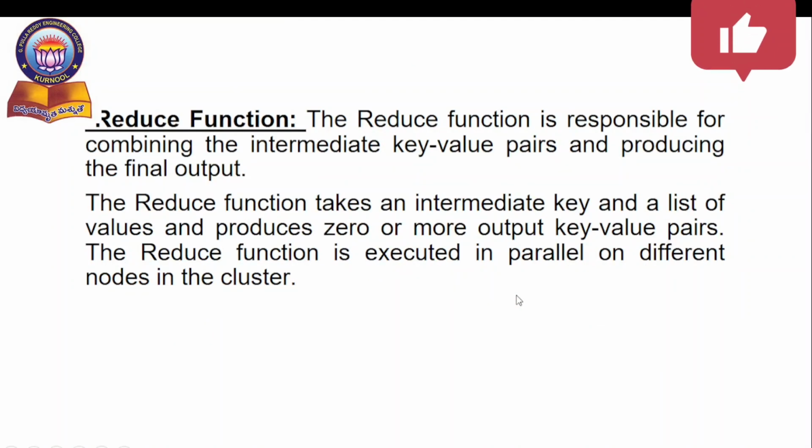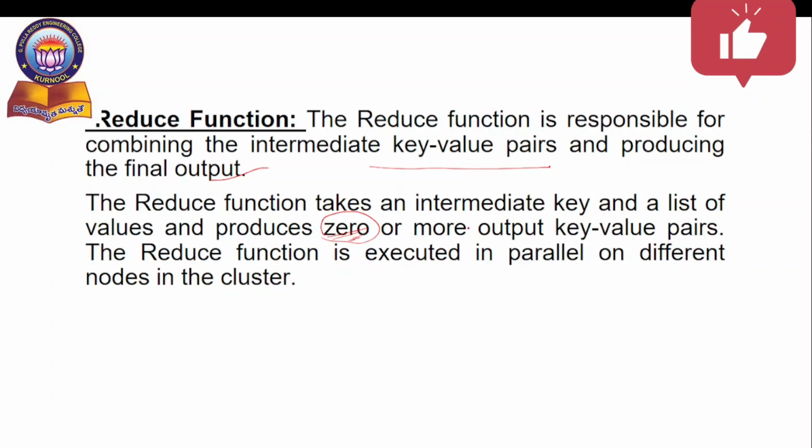Another important one is the reduce function. The reduce function is responsible for combining the intermediate key, value pairs and producing the final output. The reduce function takes an intermediate key and a list of values and produces 0 or more output key value pairs. If there is no exact key matching or exact data, then it may also generate 0 outputs.